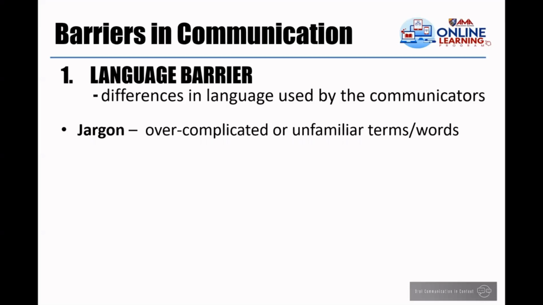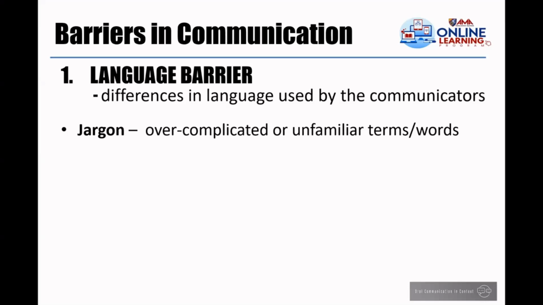An example is the word blueprint. A blueprint is used in the field of engineering. It's not used in the field of medicine and education because the word blueprint is frequently used in the field of engineering.